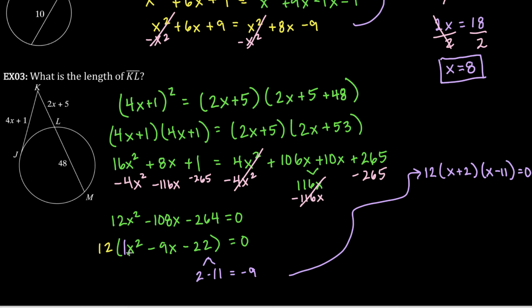Remember, if you want to do this a long way, factors that add up to this, you can do that. But since this is a 1, I could use this shortcut, and I can just write it as x plus 2 times x minus 11.